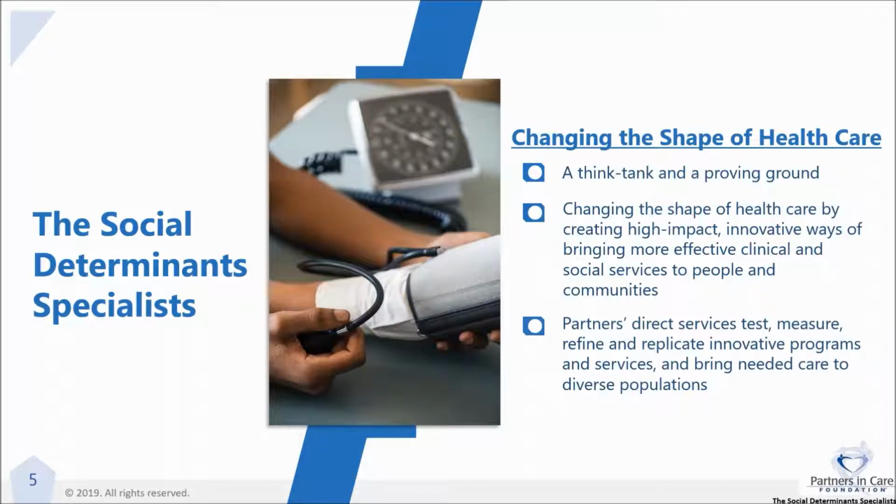We've been a testing ground all along, so we'll develop new programs or we'll take on programs that have been developed elsewhere, test them, measure, try to make refinements to those programs, and then replicate them in various communities, whether that means different ethnic communities, different linguistic communities, or a disability community versus a general population. So we do that testing, and then we take those models and try to spread them across California and across the nation.